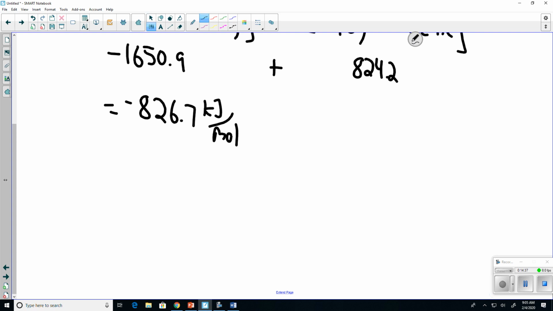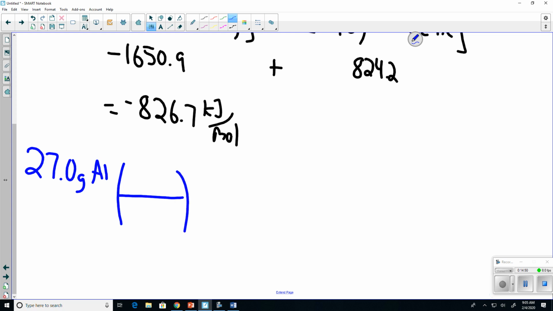If I started off, let's use a different color, with 27.0 grams of aluminum, again, convert to moles. That's our kind of golden rule here.